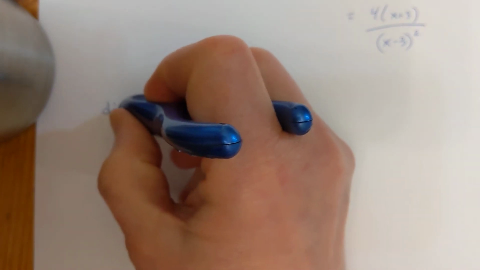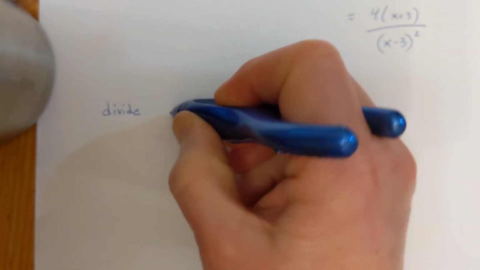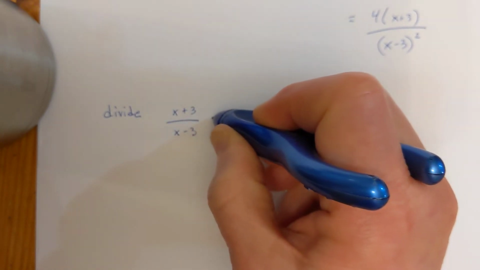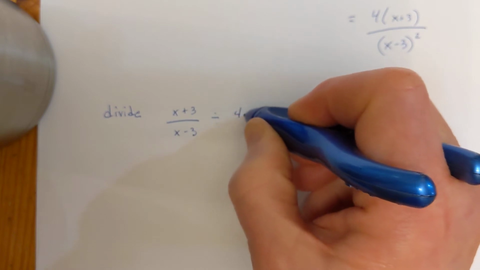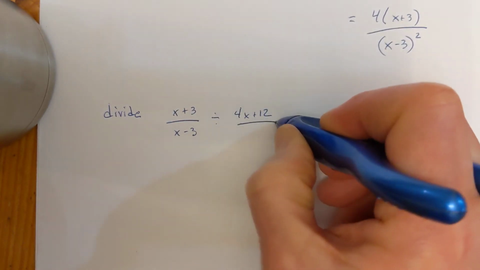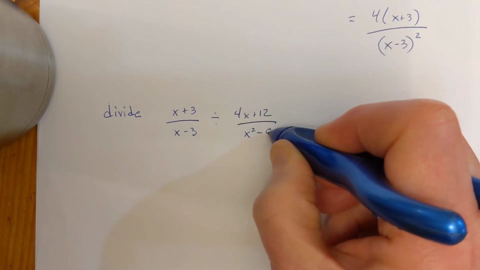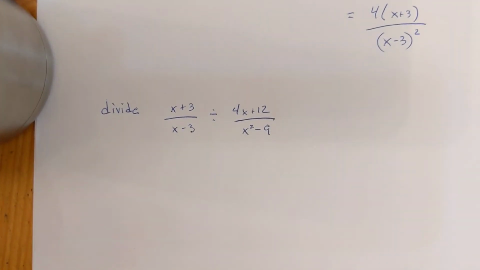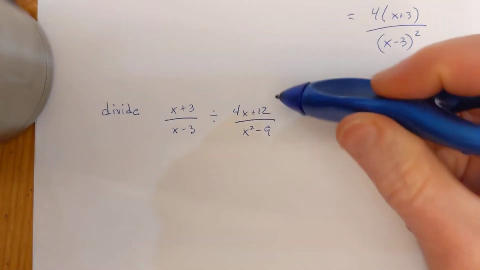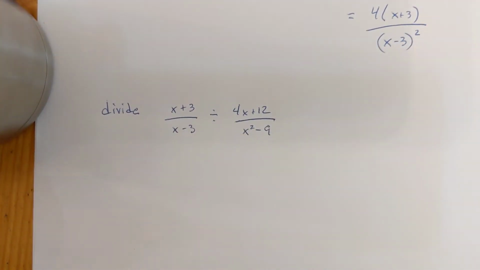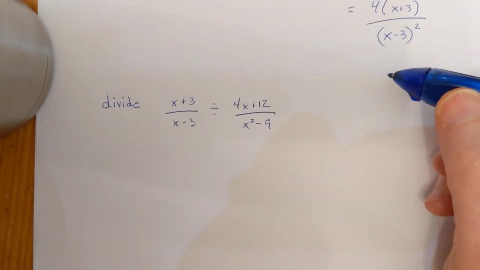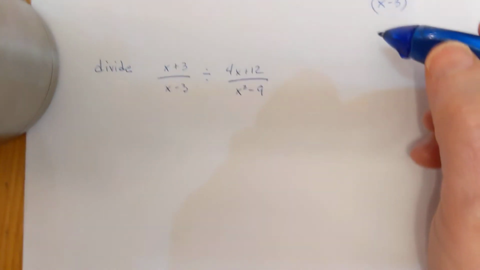Next, we're asked to divide. I have the same fractions, I'm just rewriting them here. Divided by 4x plus 12 over x squared minus 9. The rule for dividing fractions is to take the reciprocal of the divisor, the second fraction, and make it into a multiplication problem.